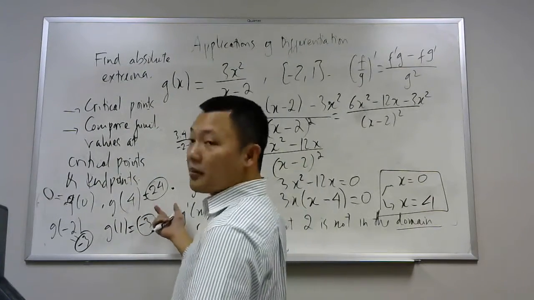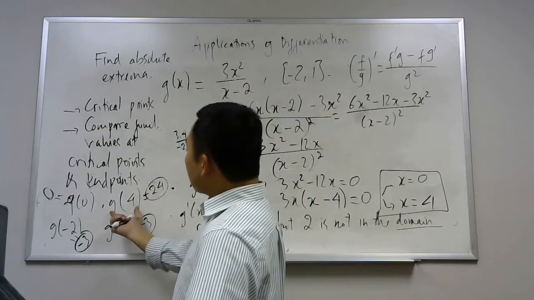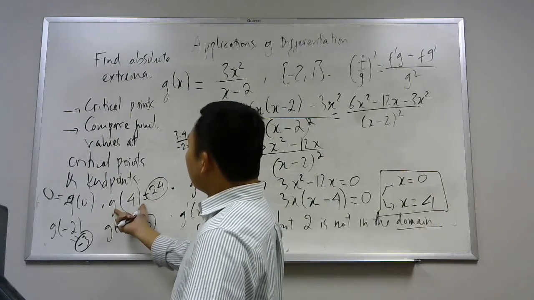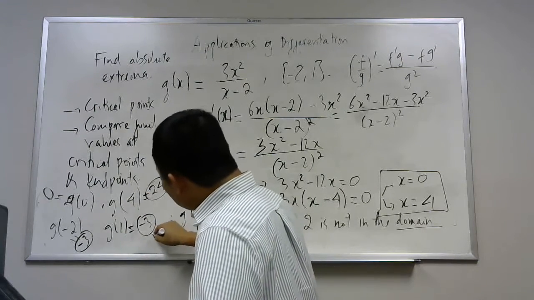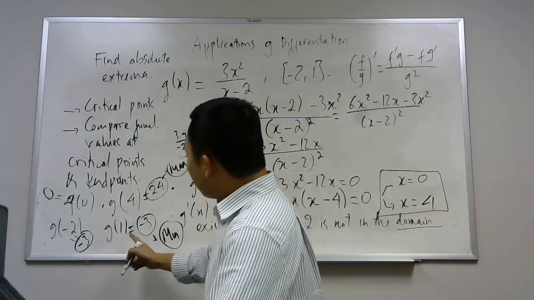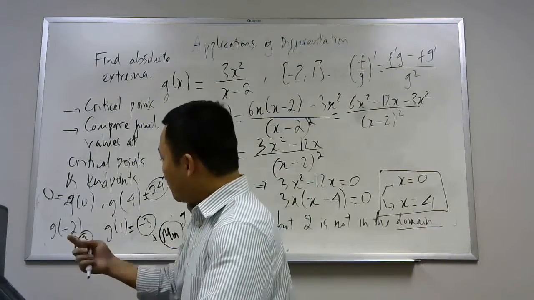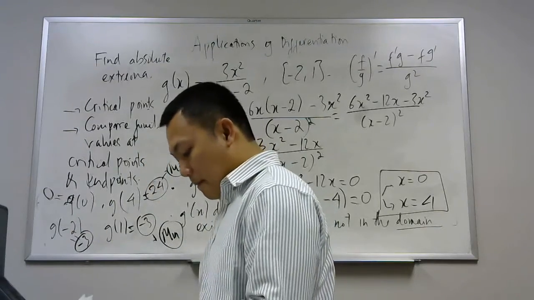From here, you can pick the maximum. So the global maximum is 24. The function attains global maximum at 4, so that's your absolute maximum. And of course, this is the absolute minimum, negative 3, and the function attains absolute minimum at 2 points, negative 2 and 1. So that's how we solve this problem.